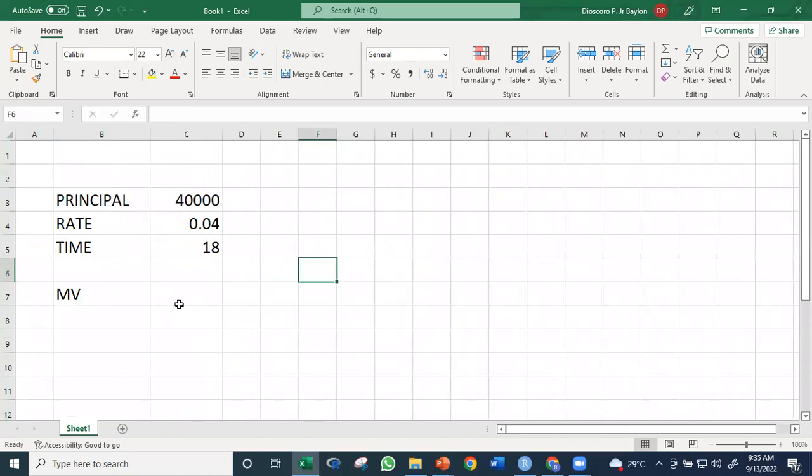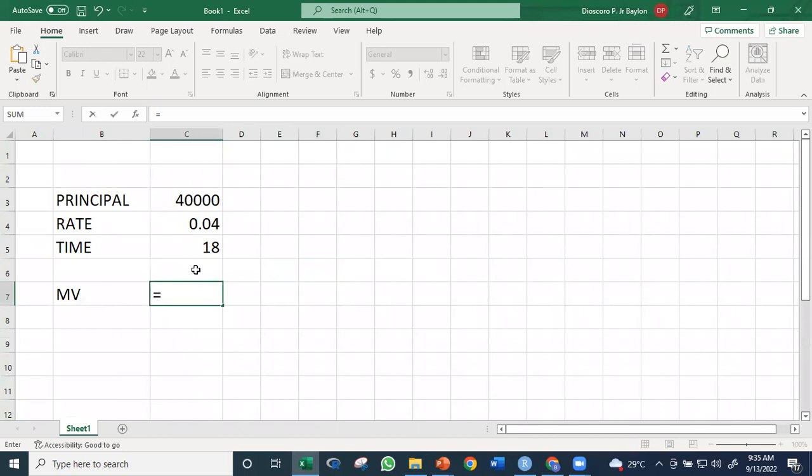It will be equal to your principal times 1 plus your rate times your time, which is 18, but that has to be converted into years. 1 plus rate times time.